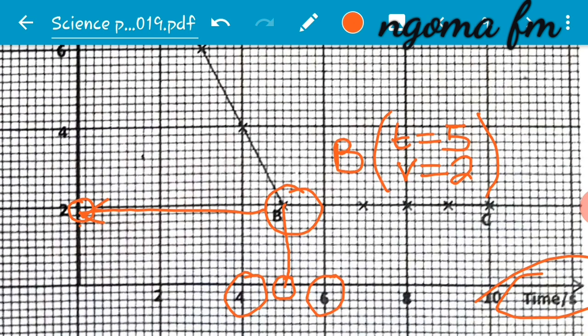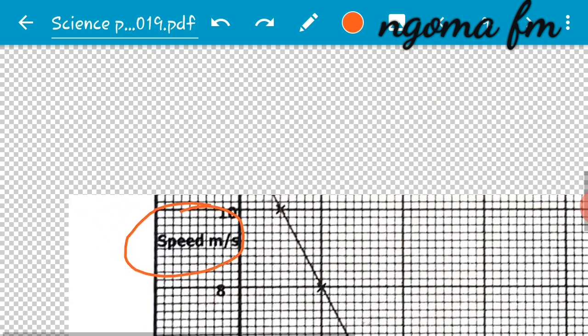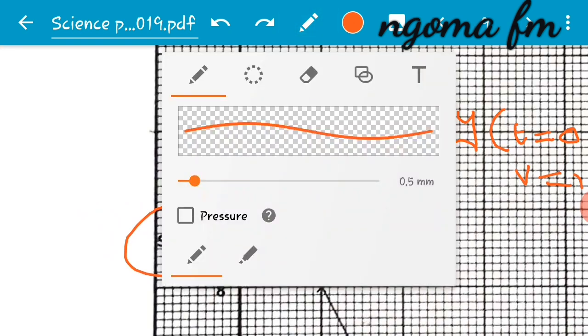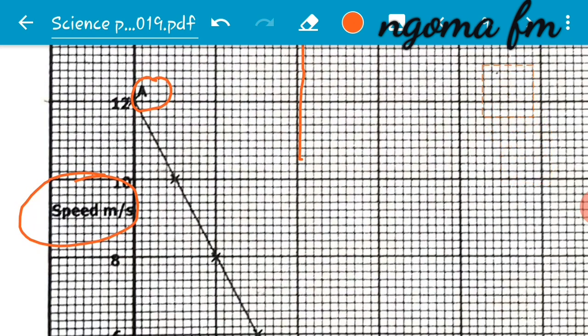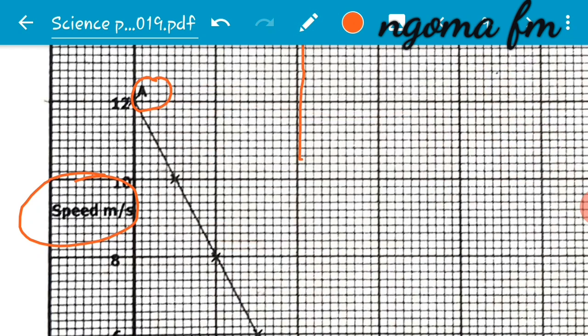Now, let's get back and do this the right way. For point A, I had just written that V. Point A is the first coordinate, and point B is the second coordinate.